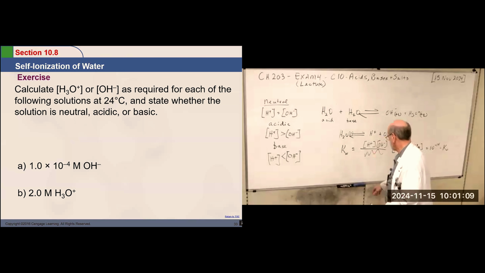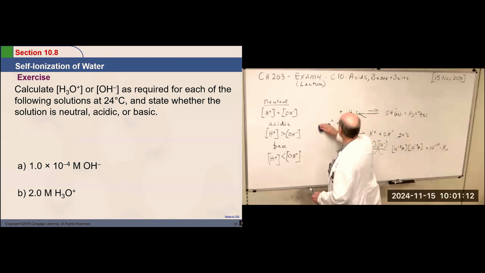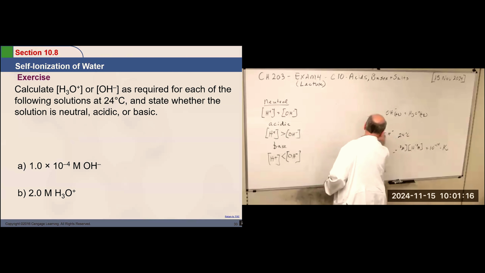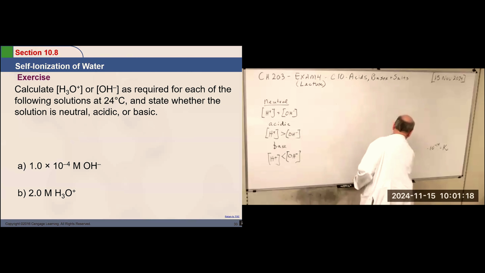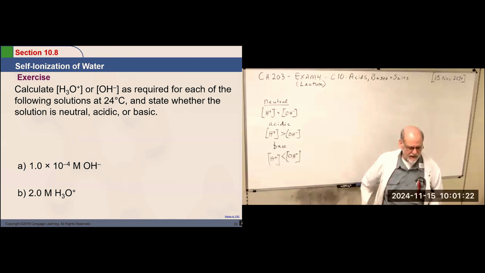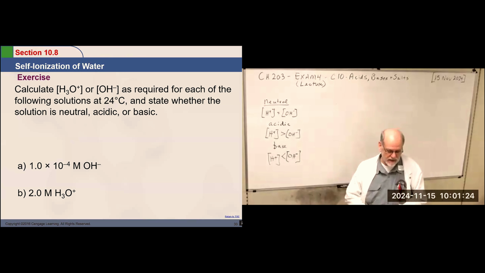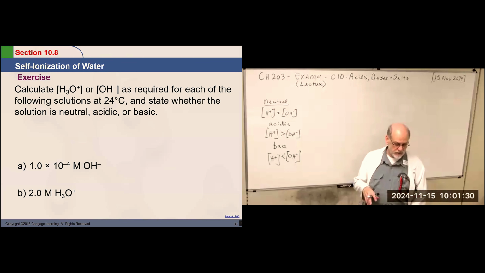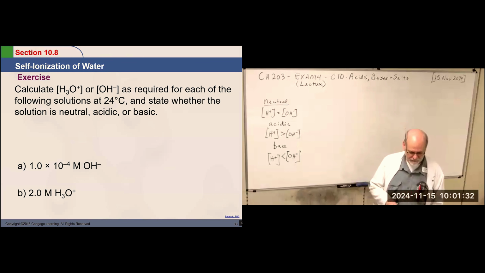All right, so let's see if we can use what we've learned to do a calculation. Calculate the hydrogen ion or the hydronium ion and/or hydroxyl ion concentration as required for each of the following solutions, and state whether the solution is neutral, acidic, or basic. Okay.